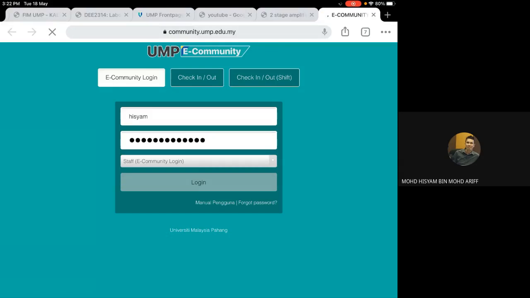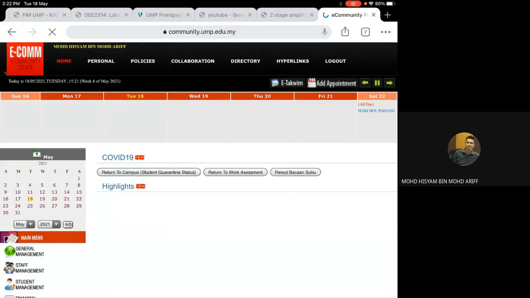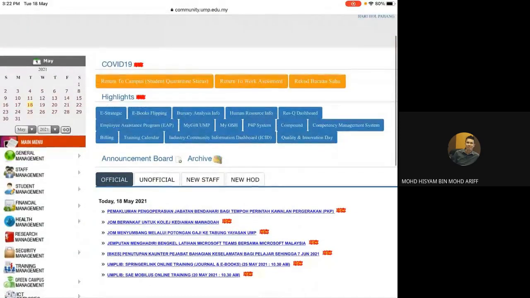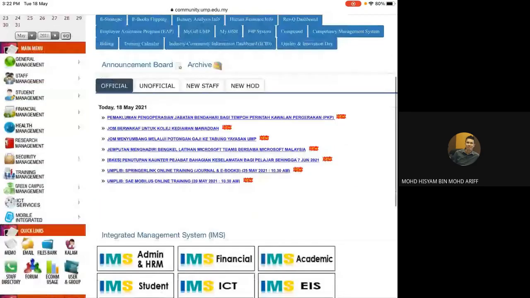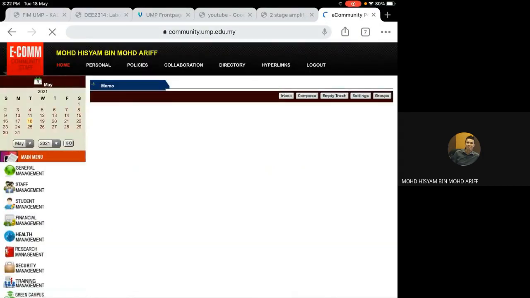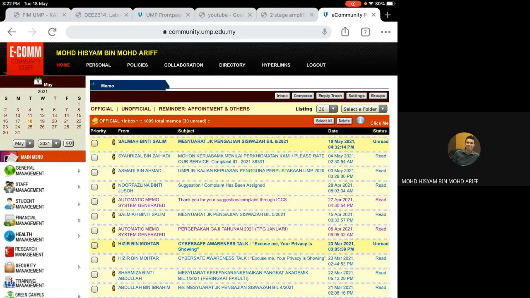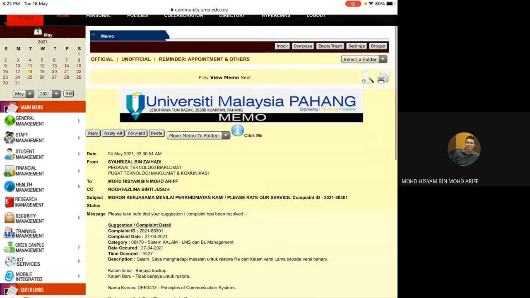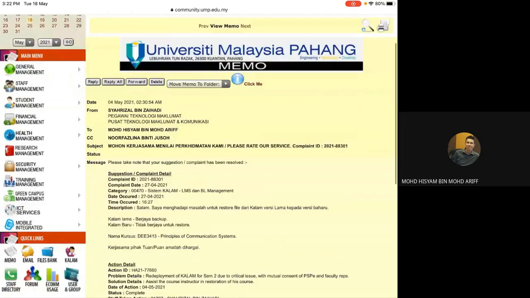Let's say internet dekat luar tak ada. Tapi bila dah masuk dalam wireless local area network, boleh message macam ni. Kalau saya tulis macam ni, boleh still message, even internet tak ada, still boleh message dengan staff-staff yang ada dalam UMP. Kita guna memo system.